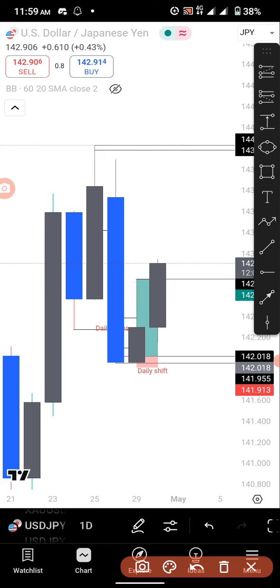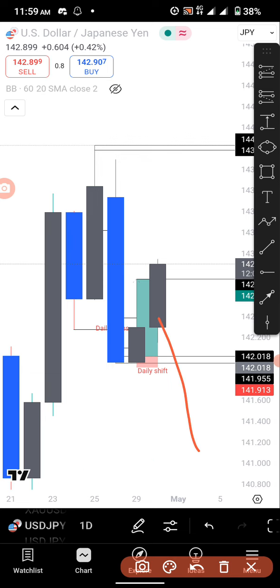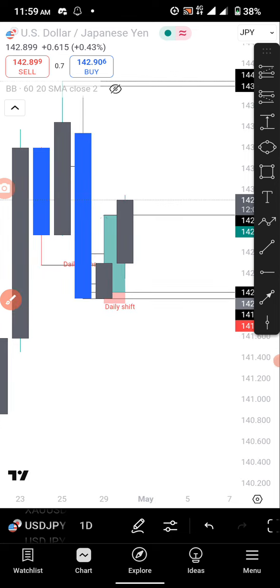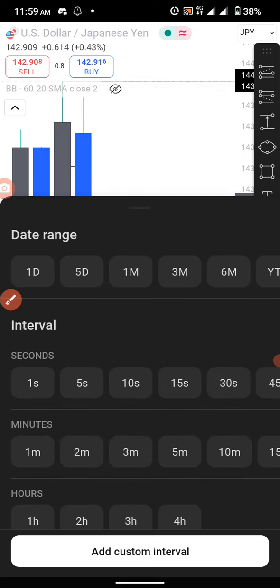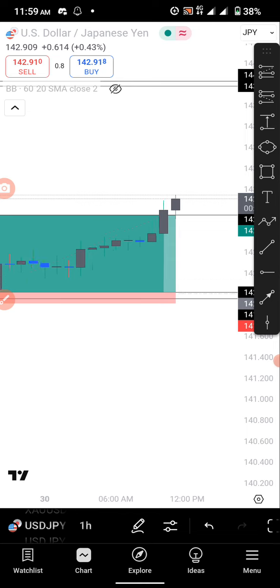So how are we going to get the entries? We are supposed to shift down from the constant time frame, which is daily, to the S1 time frame, which is H1, to see if it has made that shift for us. Now let us shift to the H1 time frame to see if we have that shift.